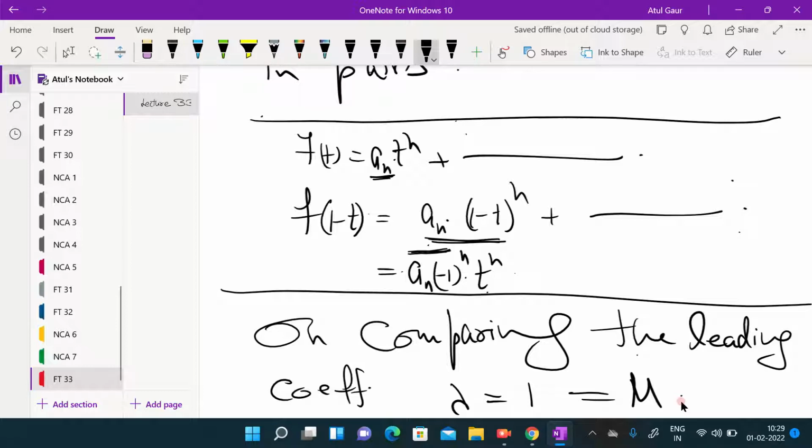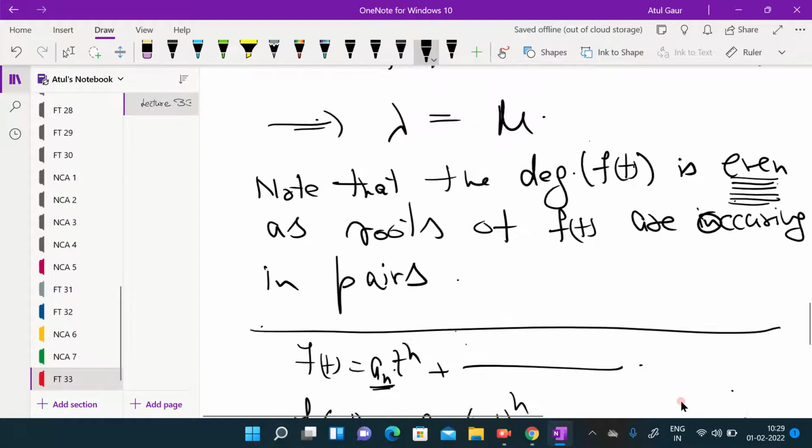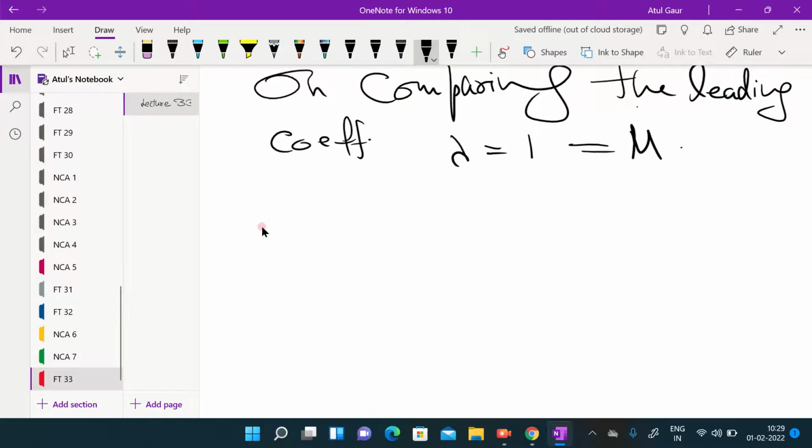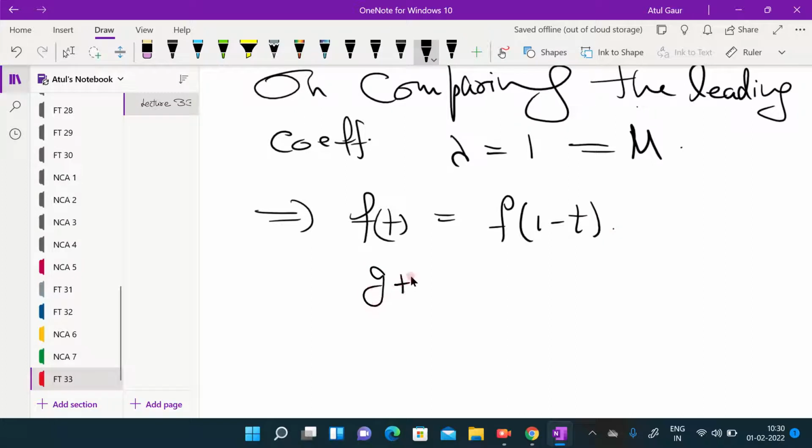Okay? So now the information you have is that f(t) is f(1 minus t), and g(t) is the same as g(1 minus t). So for what type of polynomials will this happen?